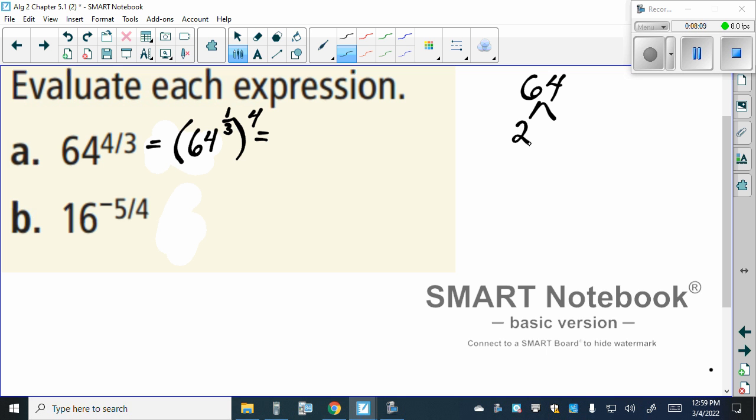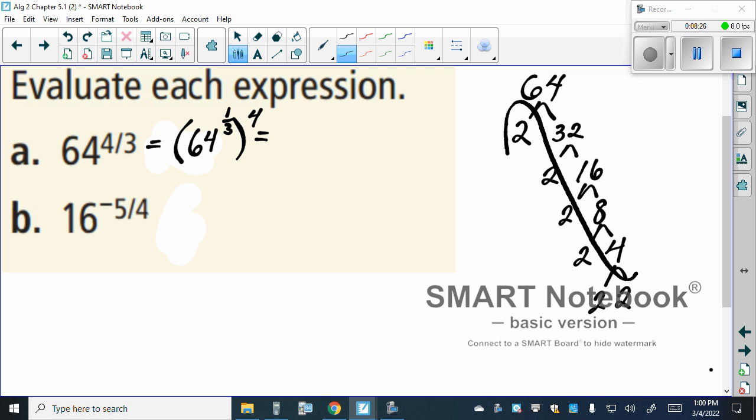Well, we can say 2, yes? It would be 2 and 32, which is 2 and 16, which is 2 and 8, which is 2 and 4, which is 2 and 2. So how many 2's do we get? 1, 2, 3, 4, 5, 6.